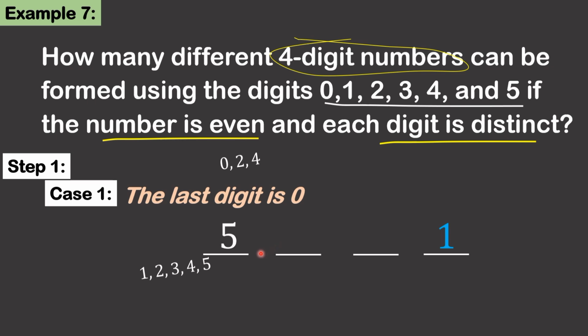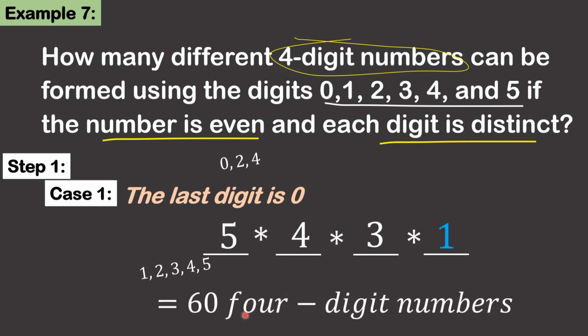There are 5 choices for the first digit, that is 1, 2, 3, 4, and 5. After selecting the first digit, there are 4 remaining choices for the second digit. After selecting the second digit, there are 3 remaining choices for the third digit. Multiply, so there are 60 4-digit numbers with the last digit 0.